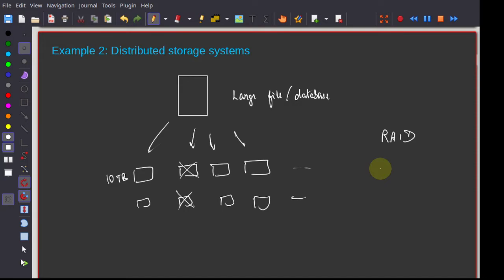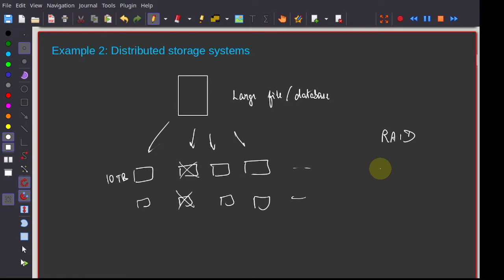In the context of distributed storage, we say that, for example, I have 100 TB worth of data and each disk can store maybe 10 TB, and I'm willing to have maybe 1.5x space, so a total of 150 TB worth of disks. Then what is the maximum number of disk failures that I can handle?